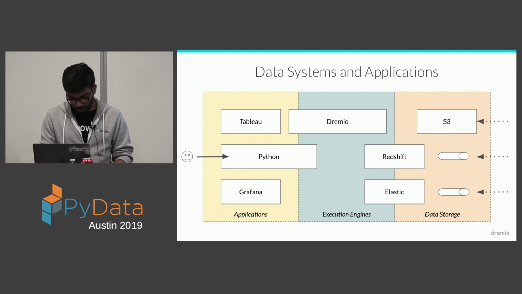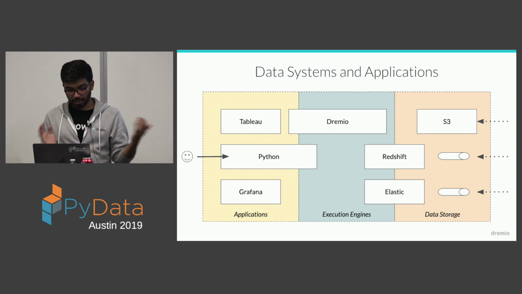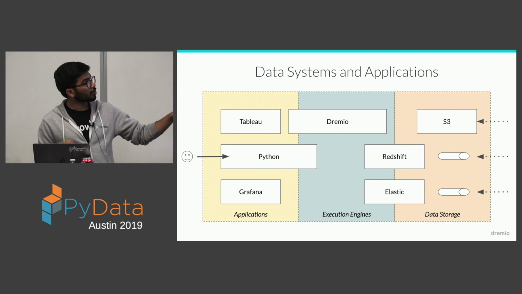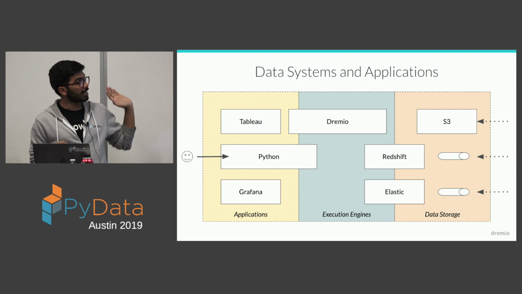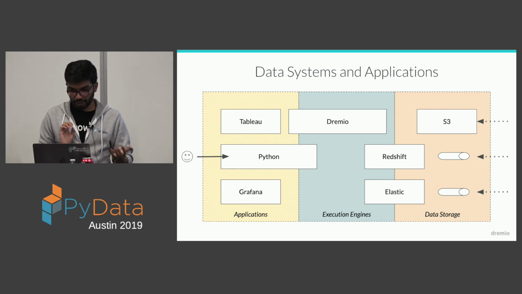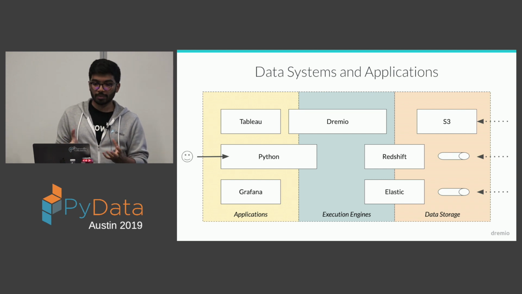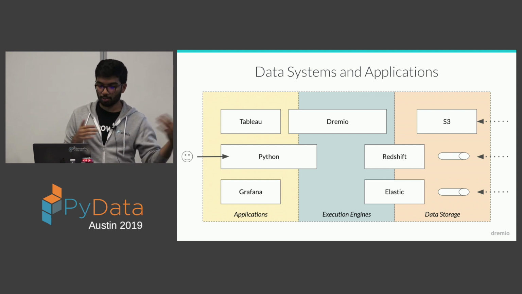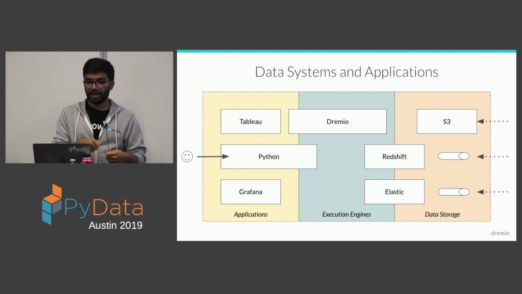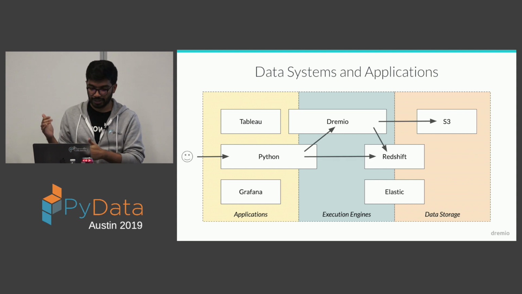All right. So as I said, in this mesh, the data goes from right to left, and queries go from left to right, right? And another way of thinking about this is each component in this mesh has input and output, right? For example, S3's input is files, right? Someone's writing the data to S3, and output is, again, a read API to those files, right?